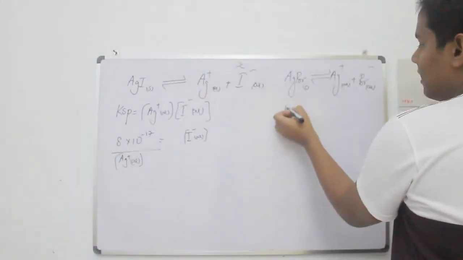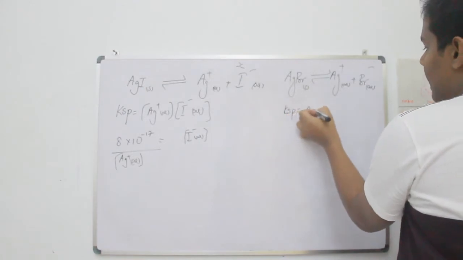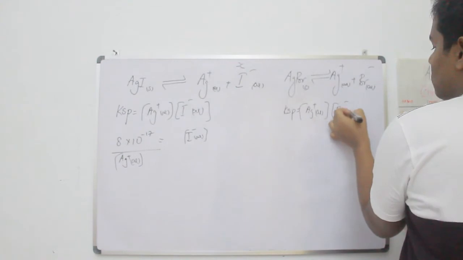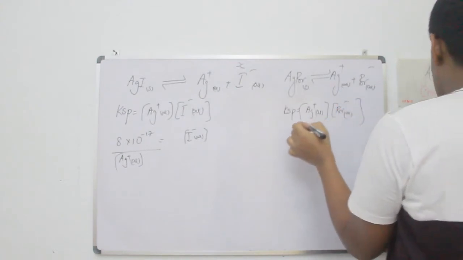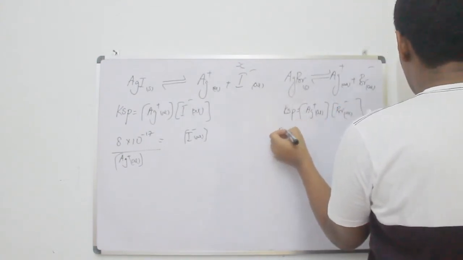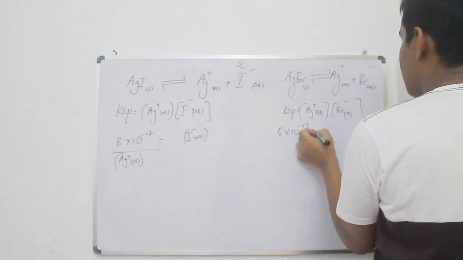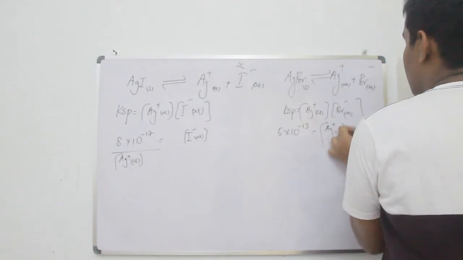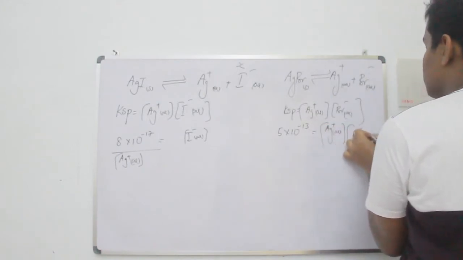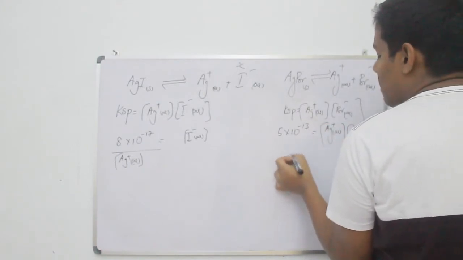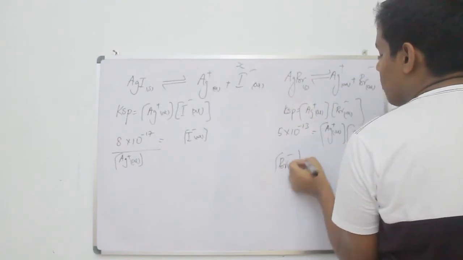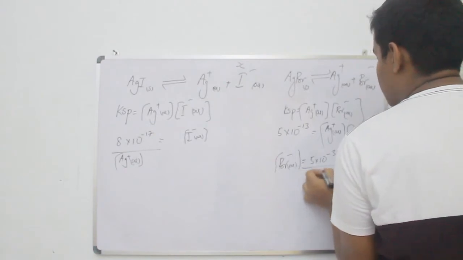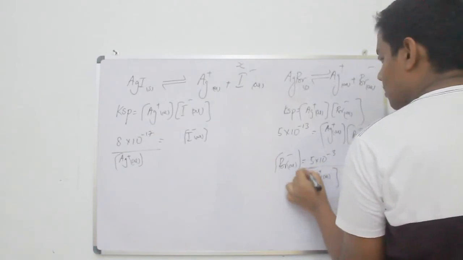Here also, Ksp equals Ag plus concentration multiplied by Br minus concentration. The Ksp value given to you is 5 times 10 to the power minus 13. So Br minus aqueous concentration equals 5 times 10 to the power minus 13 divided by the Ag plus aqueous concentration.